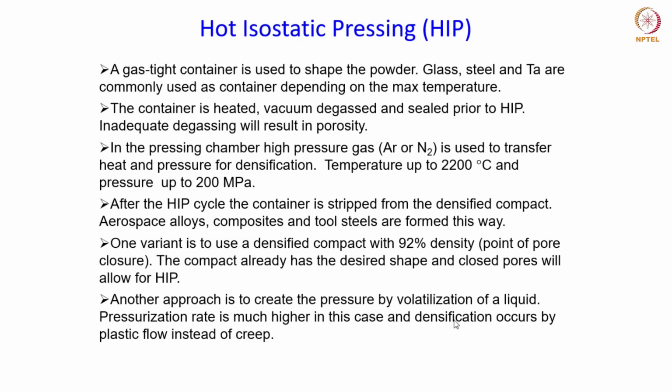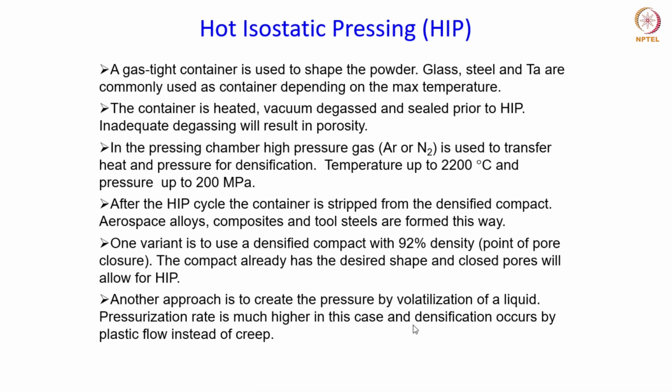Then we talked about hot isostatic pressing also, which is the counterpart of cold isostatic pressing in case of the hot consolidation processes. Here the only difference from cold isostatic pressing is the application of heat, and in order to accommodate that heating, a container made of a material which can sustain high temperature is used, and the pressurization can be done by a gas pressure using argon or nitrogen.